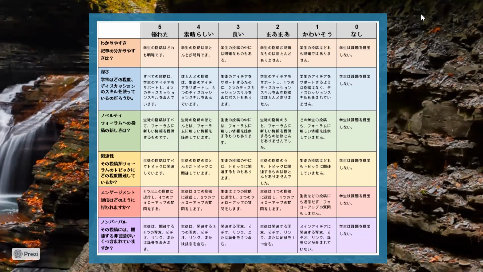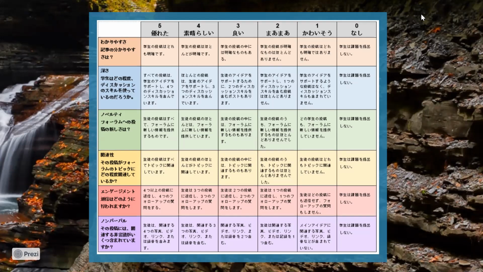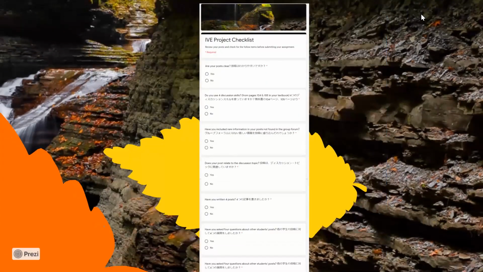We tried to make it seem less daunting to students, because one concern I had was that the 6x6 table looks like there's a lot of things going on. But if a Japanese student looks at it in Japanese and sees that they're probably already doing most of those things anyway without having to worry about it, then it's less concerning. But we also created a checklist.